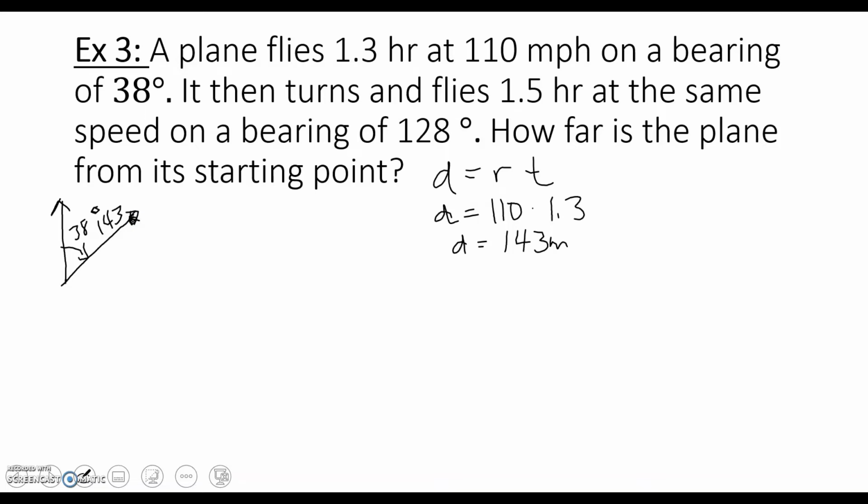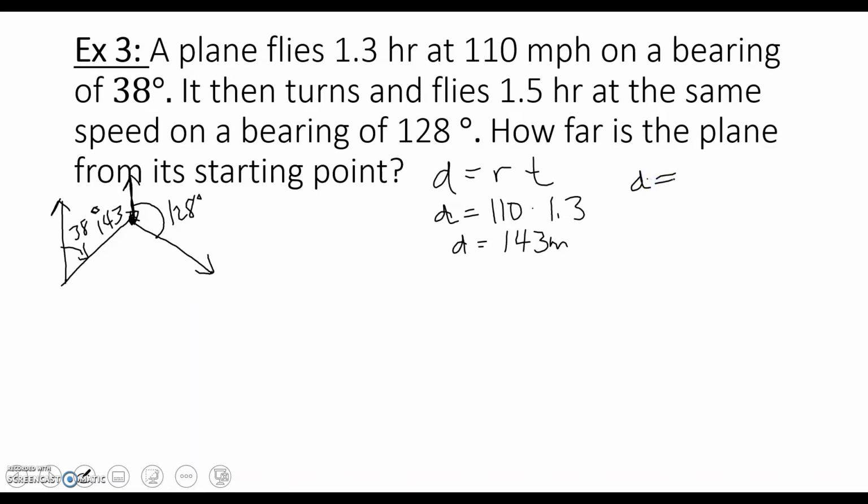Next thing we know is that it turns and flies on a bearing of 128 degrees. So from here, we're going to create another north line, but this time we're going to measure clockwise 128 degrees, which would be somewhere like that, and create another line. We know that this angle here is 128 degrees. It tells us that this one flies at the same speed, but for 1.5 hours.